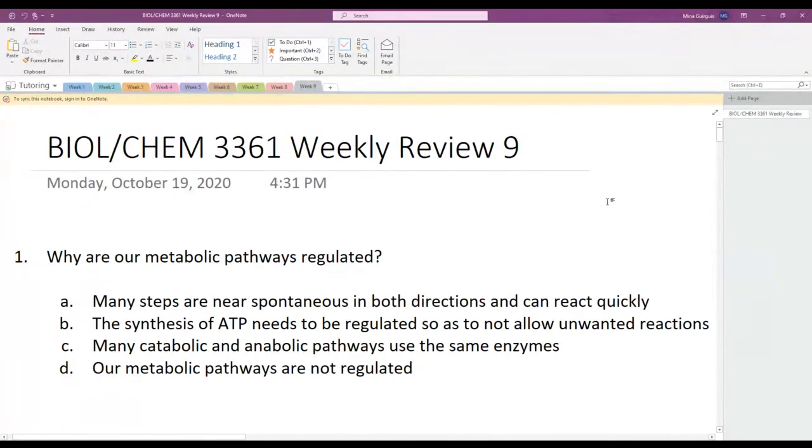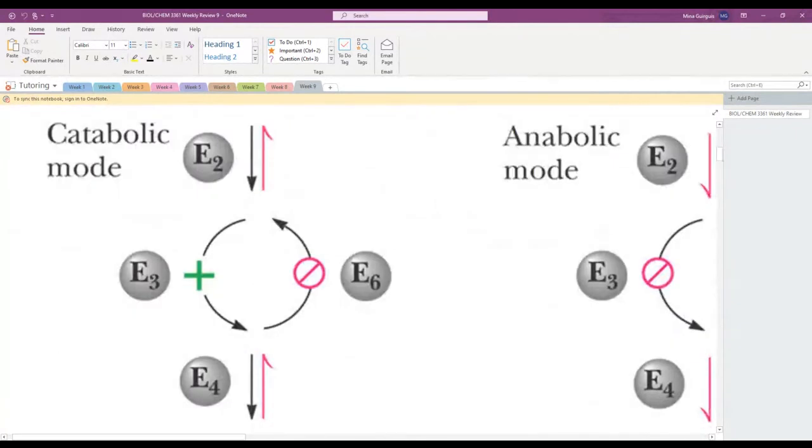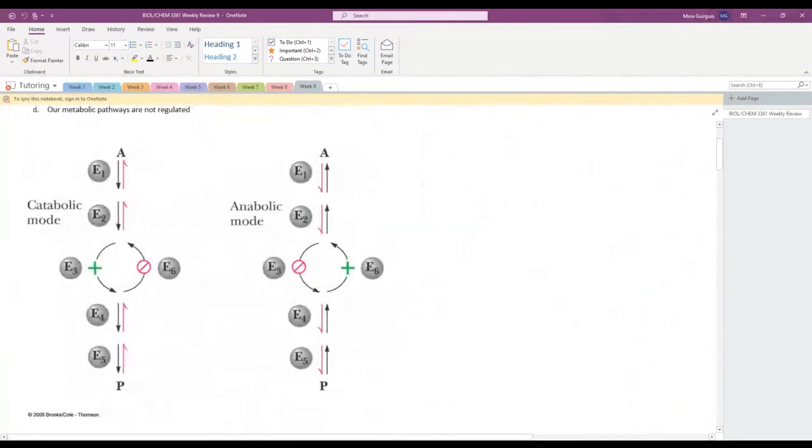So this first question comes kind of from last week's review. I added it, but it was the very last question, and I don't know that it was covered super well. So I want to talk about it again just to make sure. So the idea is our metabolic pathways are very, very regulated, and here's why. Your catabolic pathway and your anabolic pathway are almost identical, with the exception of maybe 1 or 2 enzymes.